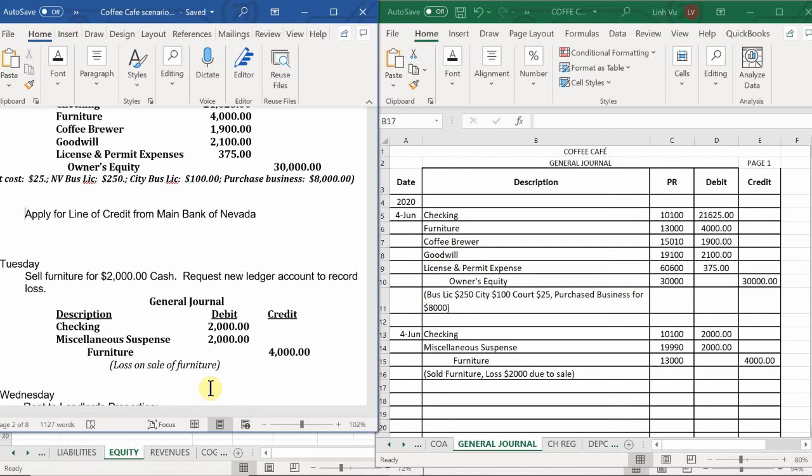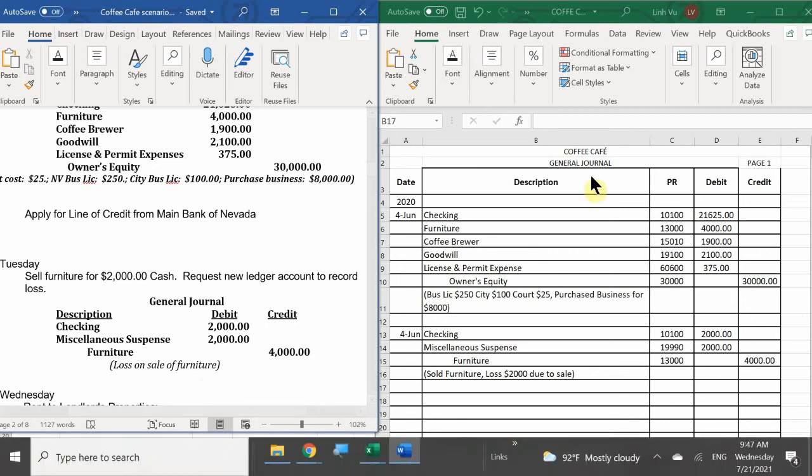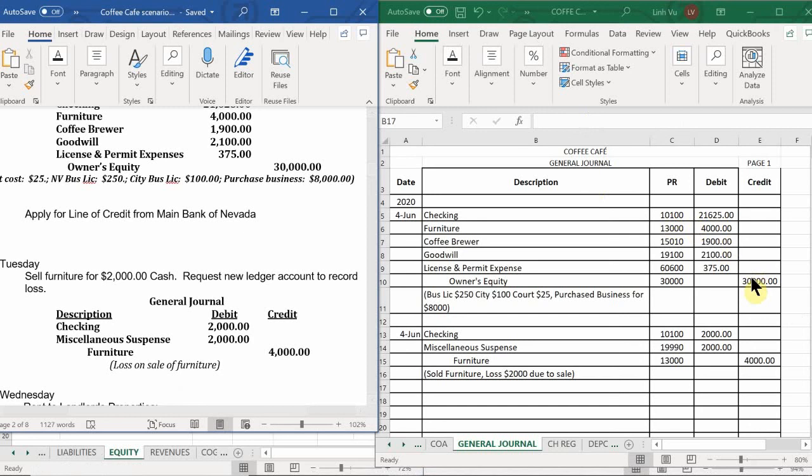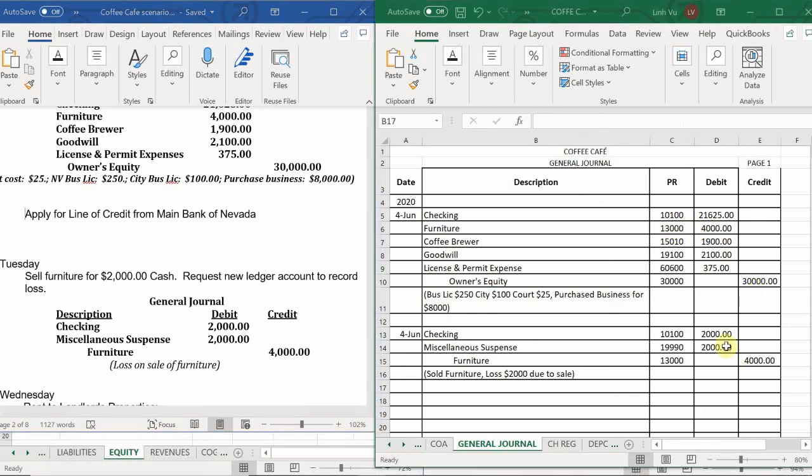Yes? Question. Can you teach me about how you did the equal sum in there? So you do equal, and then you highlight the first 2,000 and the second 2,000, and then you just do auto sum. In this, you just go equal to activate your formula. You can use sum, but in this case, I just added them.